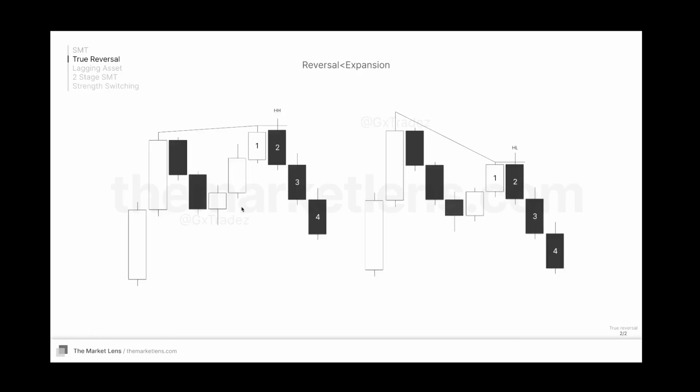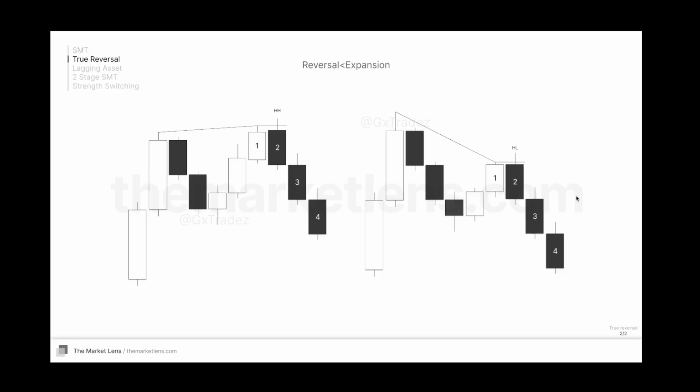Now this is where a lot of people go wrong. They look at the asset that creates a lower low, right? And they want to focus on this asset only, but you actually need to reverse that, and you need to be paying attention to the asset that sweeps because this asset has to reverse. Okay? If this asset doesn't reverse, then that means that this asset will not reverse, right? Because when markets expand, all assets need to be correlated, right?